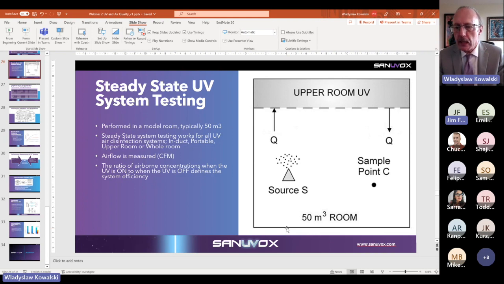But once that steady state condition is reached, it is a definitive condition and it represents the efficiency of the system, whether it's the efficiency across an induct system, across a portable unit, or across the upper room system. It's a classic test. It's very reliable, very reproducible, and the parameters we get are disinfection efficiency and airflow.